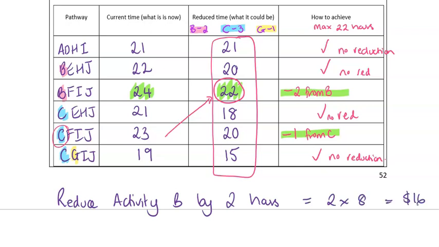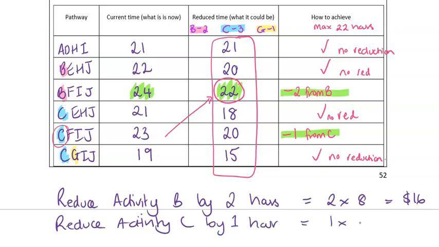So $16 to achieve that. I also have said I need to reduce activity C by 1 hour. And so that is 1 lot of $45.